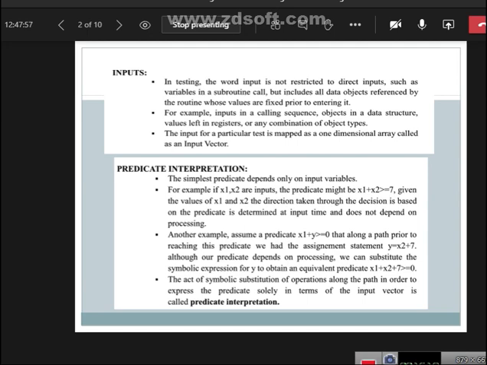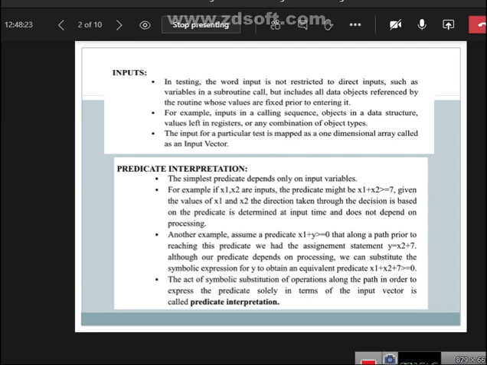For example, suppose we give the inputs 8 and 7, so x1 is 8 and x2 is 7, and the sum is 15, which is greater than or equal to 7. Based upon the input we are giving, it takes one decision.